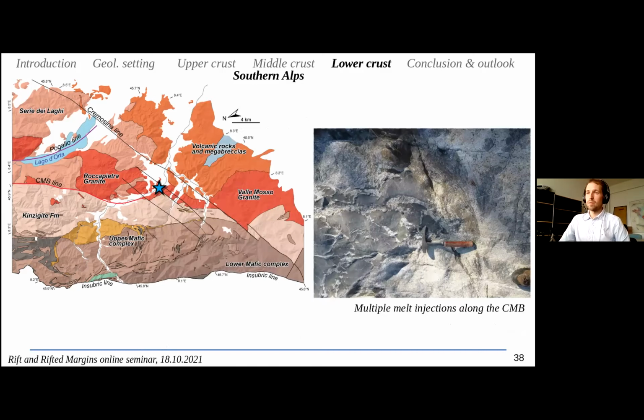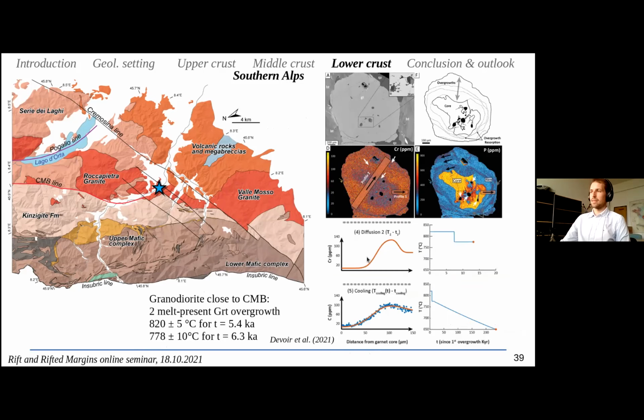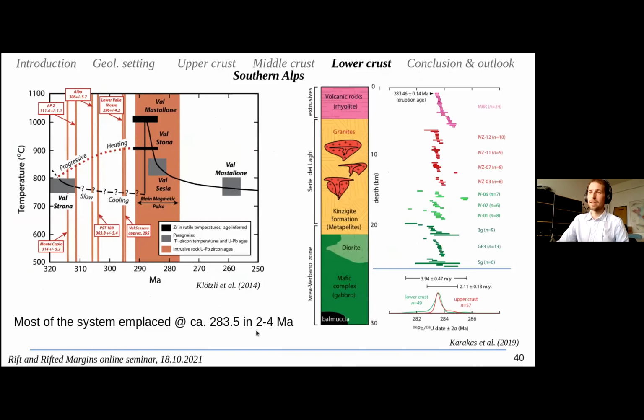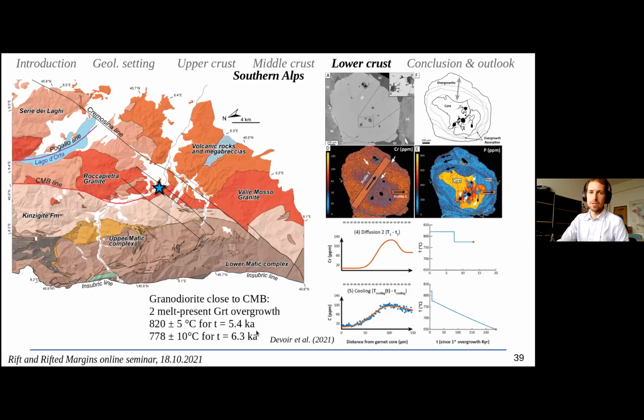And similar observation can be made if we go just above the CMB, where we have multiple melt injections, and they determined quite recently that the melt-present growth of crystals is quite short-lived again, with garnet, for instance, that was overgrown 2 times, with melt presence during a few kilo years only. This indicates that, again, even if shear zones are lubricated by melt, the melt presence is quite short-lived.